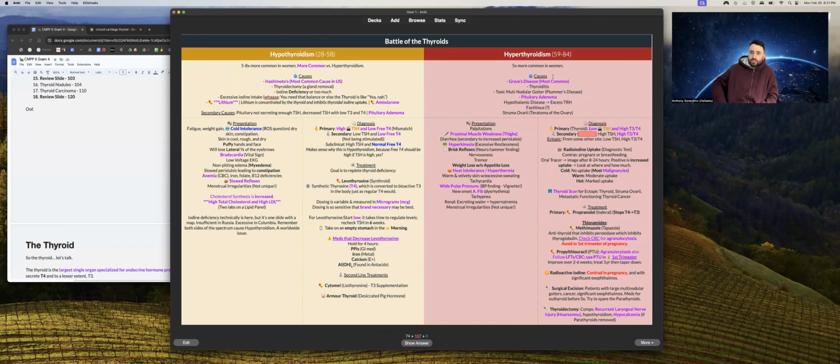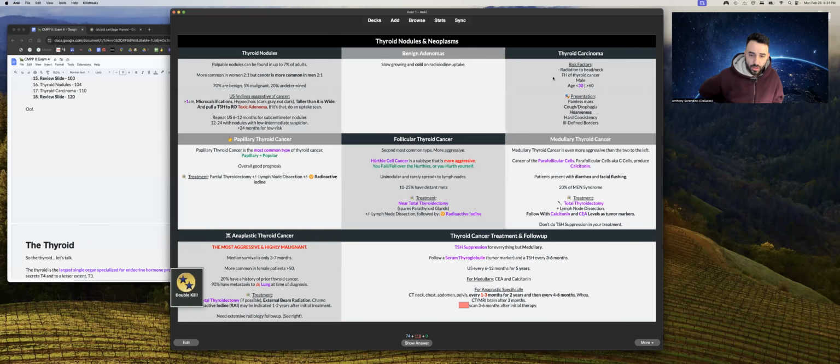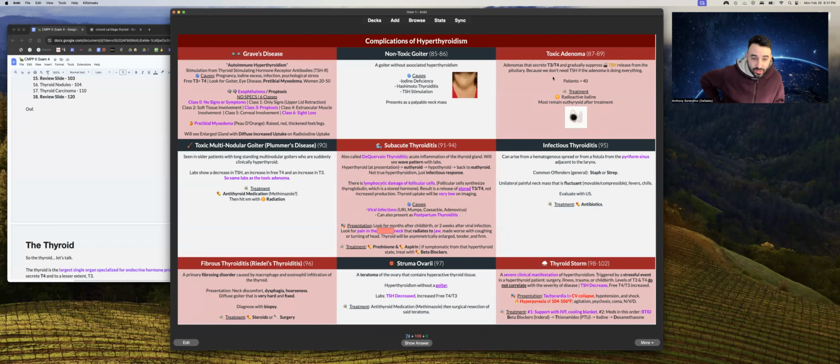All right, secondary. This is just going to be a pituitary problem. A PET scan every 3 to 6 months for what? Anaplastic thyroid cancer. Look for pain in the anterior neck that radiates to the jaw for what?